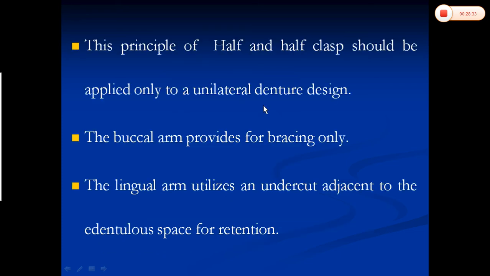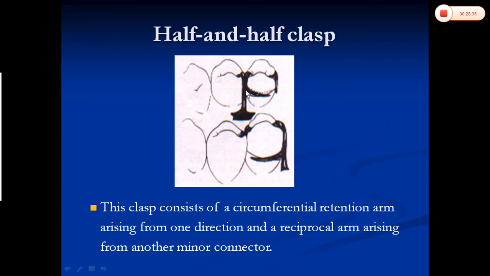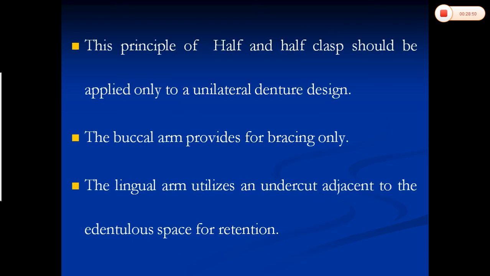The reciprocal arm starts from the opposite side, meaning the reciprocal arm on the lingual side starts mesially and ends here. So this clasp contains a circumferential retentive arm arising from one direction and a reciprocal arm arising from another minor connector. This principle of the half and half clasp should be applied only to a unilateral denture design.